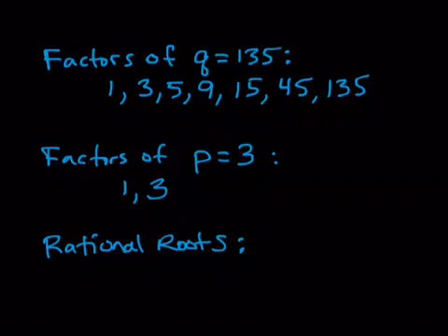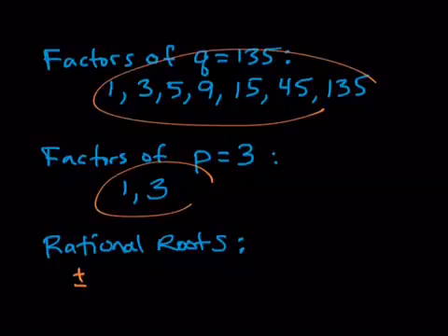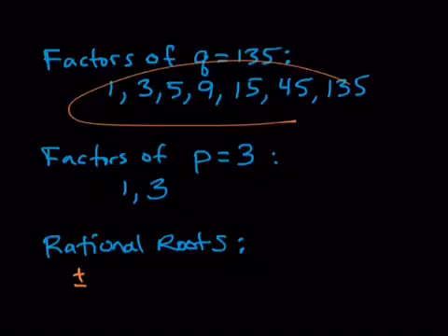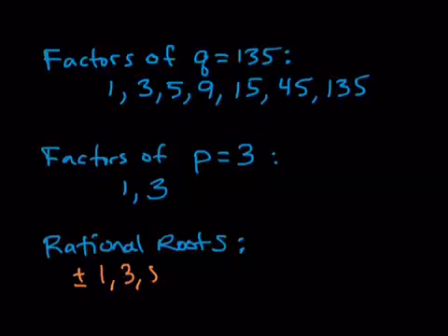All right, so I've listed out all of the factors of q, and then just 2 factors for 3, 1 and 3. So then all of the rational roots would be either plus or minus factors of q divided by factors of p. All of these factors divided by 1 would be first, and then I would divide all of these by 3.